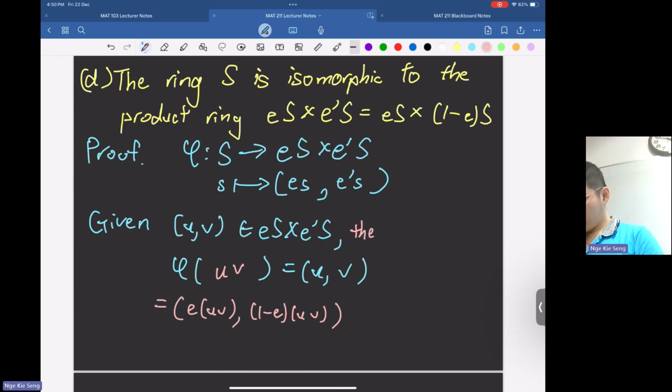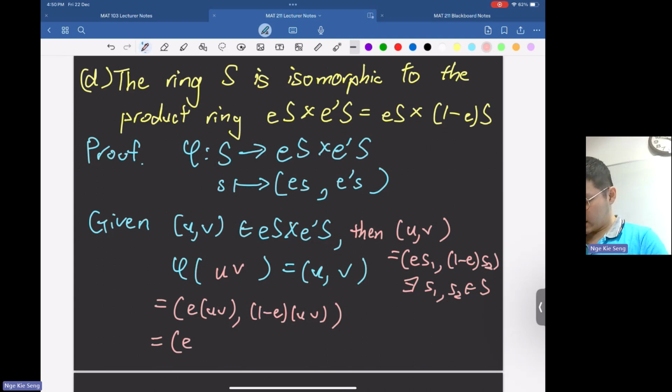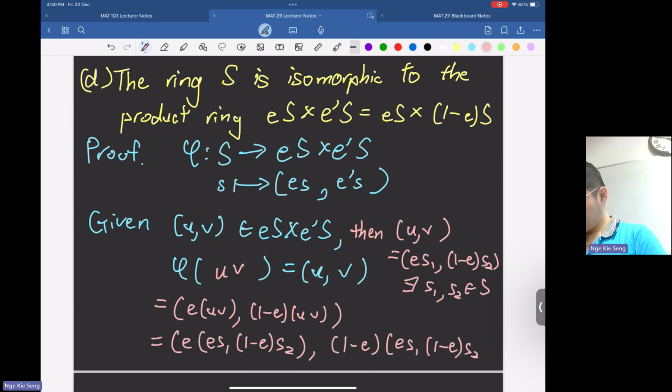Then (u, v) actually equals what? E times x1, comma, 1 minus E times x2, for some x1, x2 in X. So maybe we can replace this with E times E x1, comma, 1 minus E times E x1 times 1 minus E x2.